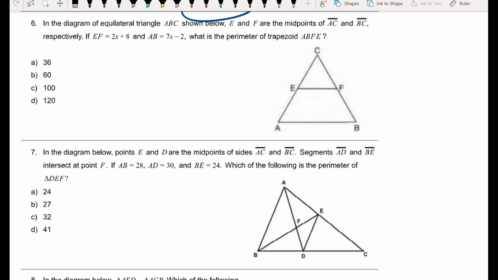Number 6. In the diagram of equilateral triangle ABC, shown below, remember that means all three sides, AC, CB, and AB, are the same length. E and F are midpoints of AC and BC. And remember, a midpoint divides a segment into two congruent segments. So all four of those pieces are congruent because I know this is an equilateral triangle.